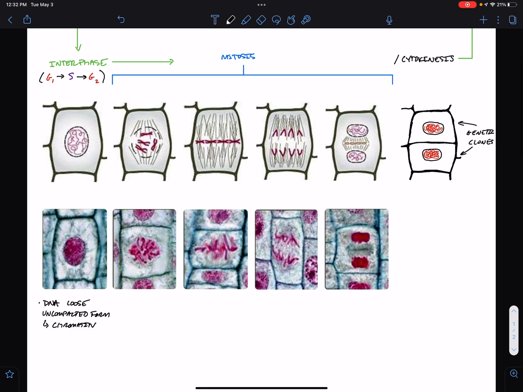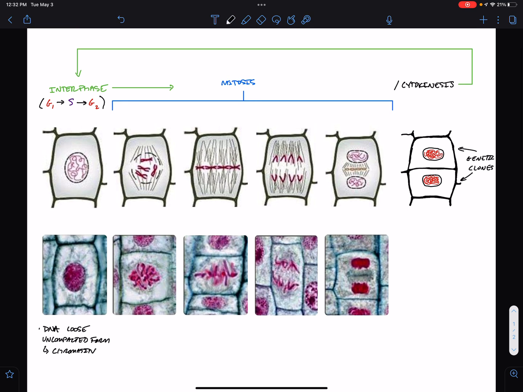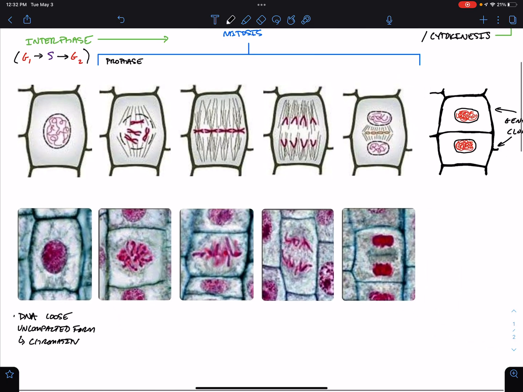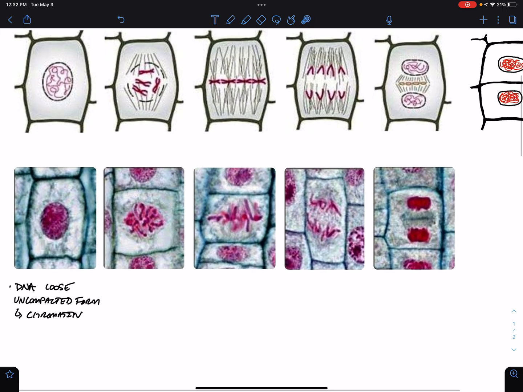Okay, so how is this accomplished? Well, a few things need to happen in order to split up the DNA. So the cell enters into mitosis, and the first phase of mitosis is called prophase. In prophase, you'll start to notice that there are a few important things happening in the nucleus.